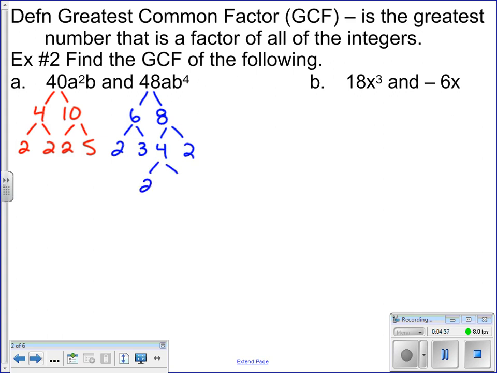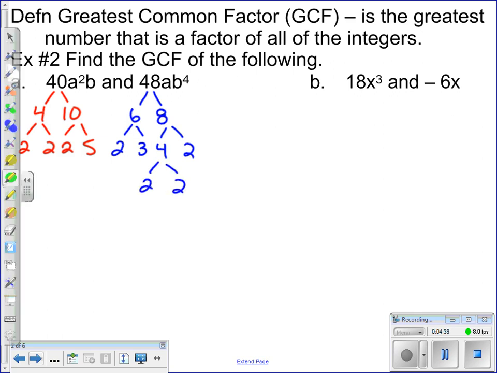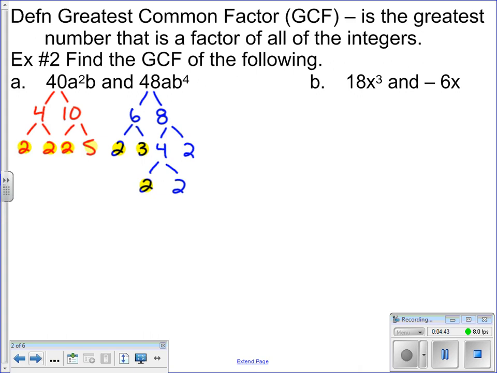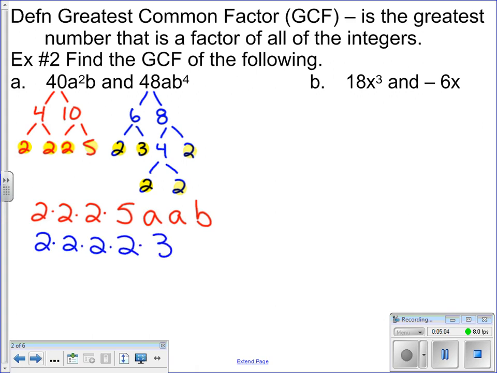And then 4, of course, is 2 times 2. So make sure you get all the little parts. And now list them in order. Got 2 A's and a B. Now I'm keeping these color-coded so you can tell them apart. In the second one, I've got 4 2s, a 3, an A with 4 B's.